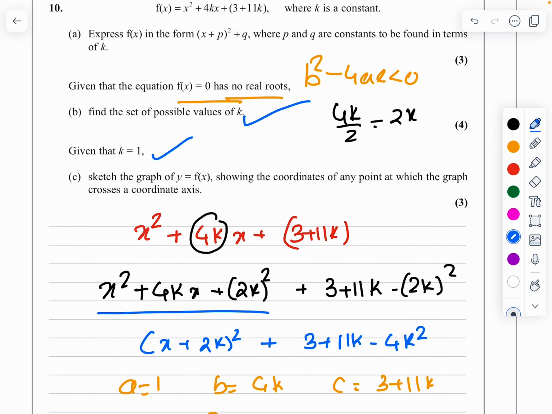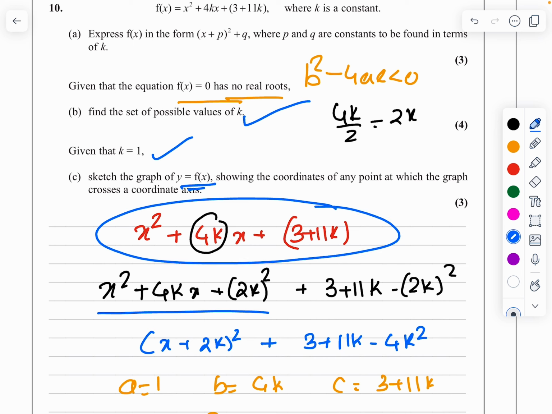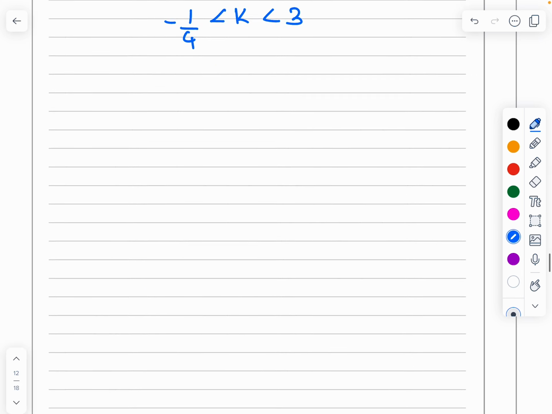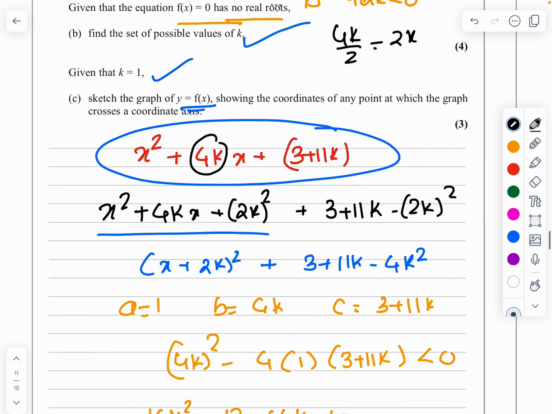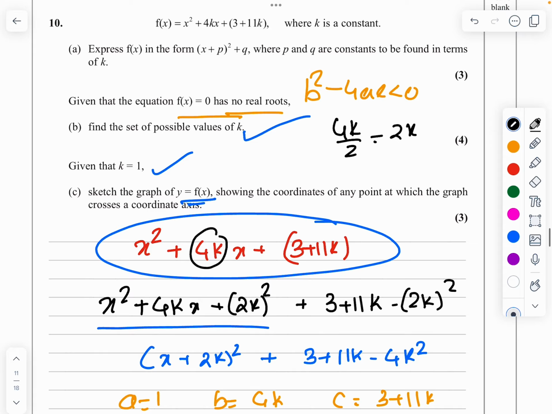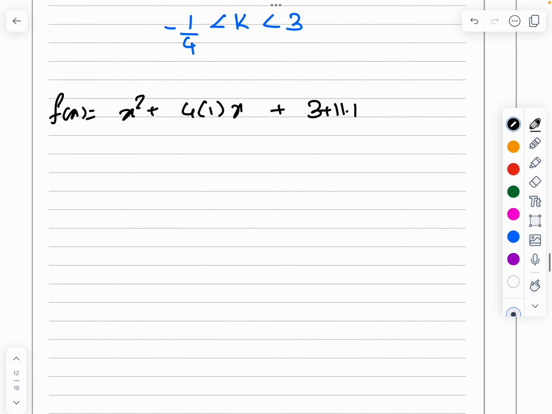Given that k equals 1, sketch the graph of f of x. Now k equals 1. So substitute k equals 1 in this one. So it becomes x square plus 4 times 1 times x plus 3 plus 11 times 1 equals f of x. So it becomes x square plus 4x plus 14.